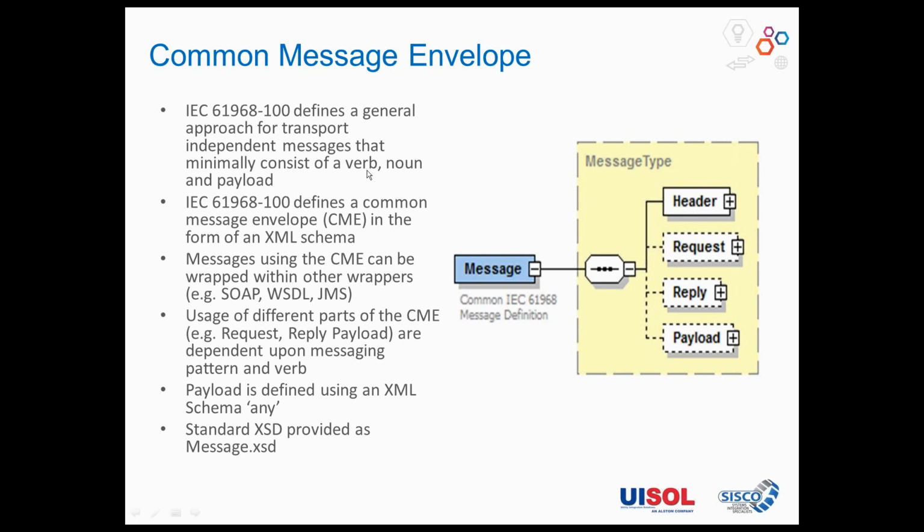And what we're going to want is to have a verb and a noun and a payload inside the message envelope. And within Part 100, all of the messages are in the form of XML schema. Now the messages can be wrapped with either SOAP or WSDL or JMS. It does not make any difference. And you're still going to have all of the various types.